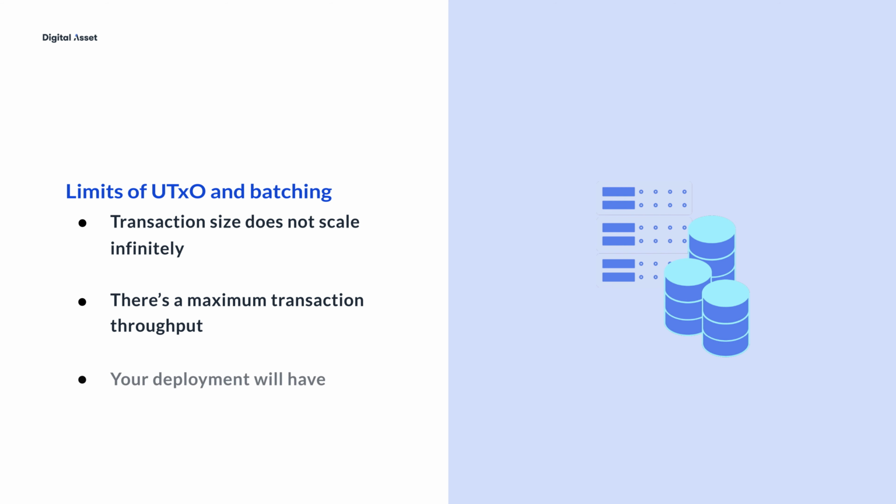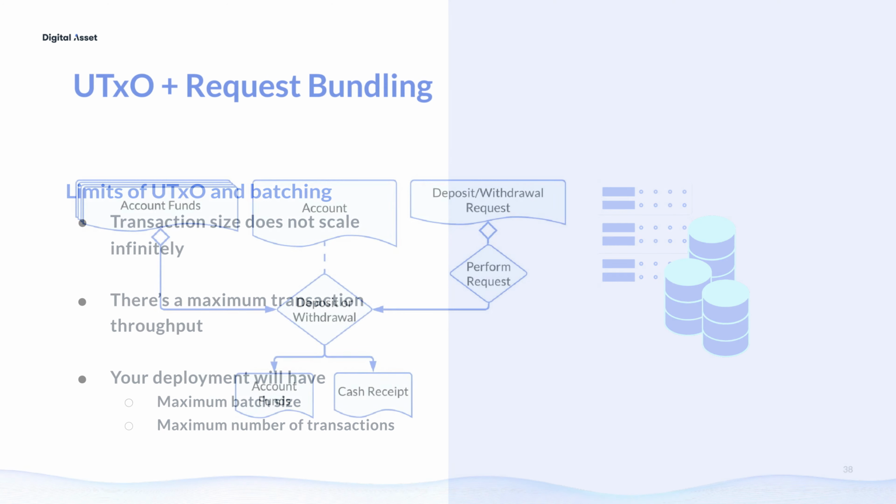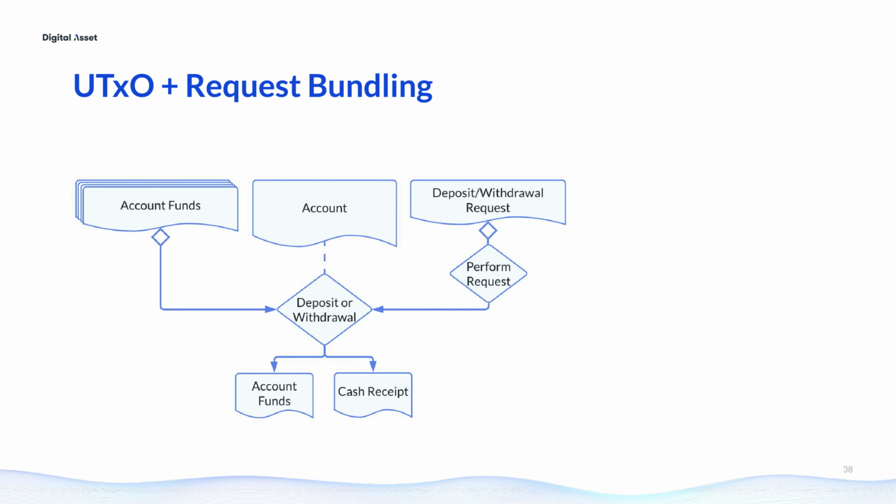This means that for a given deployment, the first limitation is a maximum batch size we can accommodate before the resulting transaction is just too large to commit to the ledger. And the second limitation is a maximum number of independent transactions we can handle regardless of how small and lightweight we make them. So we will combine both approaches.